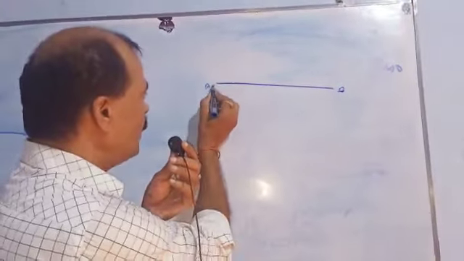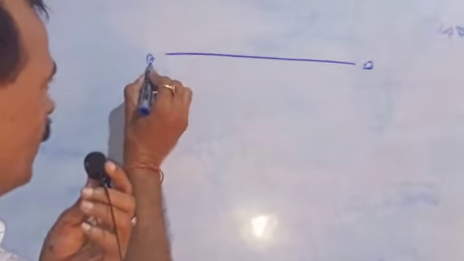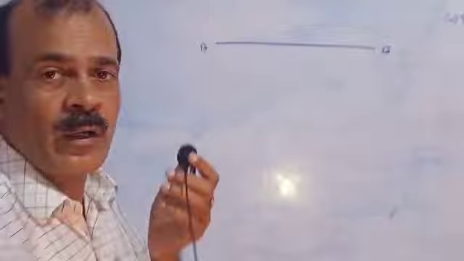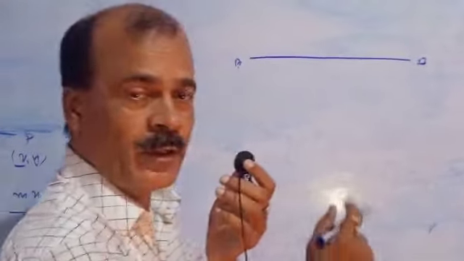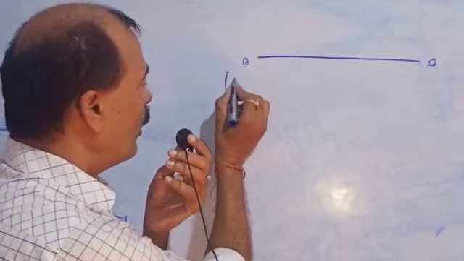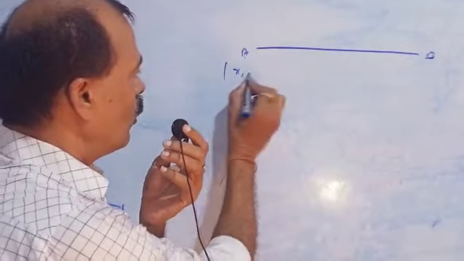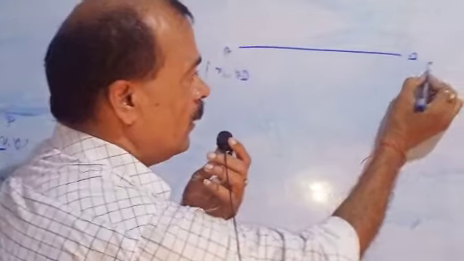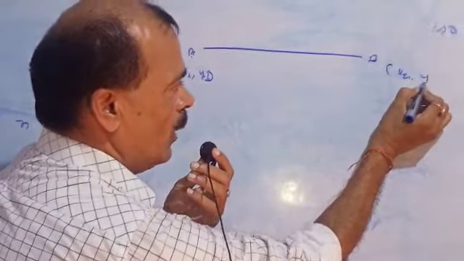If there are two points A and B, obviously A has a certain coordinate and B has a certain coordinate. A's coordinate is x1, y1. B's coordinate is x2, y2.